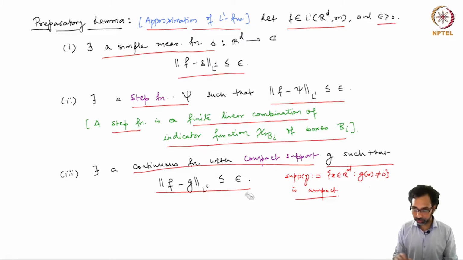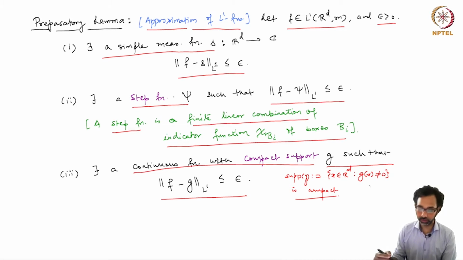So all these three are approximations of L1 functions in the L1 norm with different classes of functions. So let's look at the proofs for these statements.